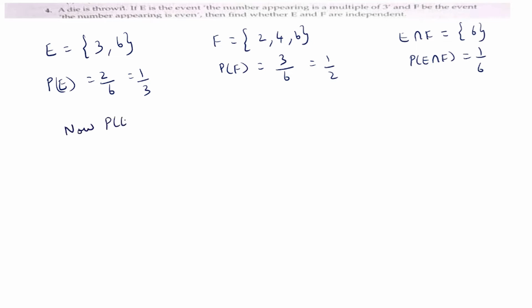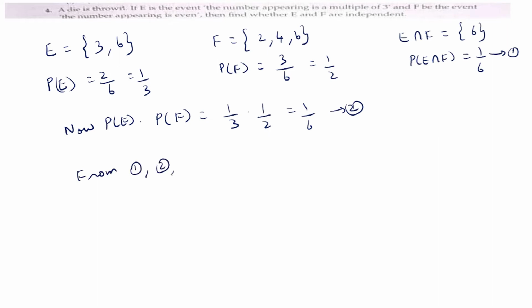Now probability of E into probability of F is equal to 1 by 3 into half. This is equal to 1 by 6. So probability of E intersection F is also 1 by 6, and probability of E into probability of F is also equal to 1 by 6. So from 1 and 2, probability of E intersection F is equal to probability of E into probability of F. Therefore, E and F are independent.